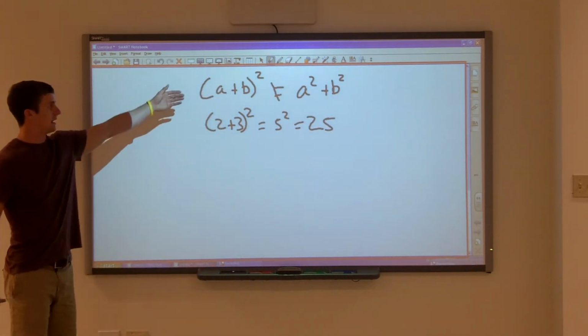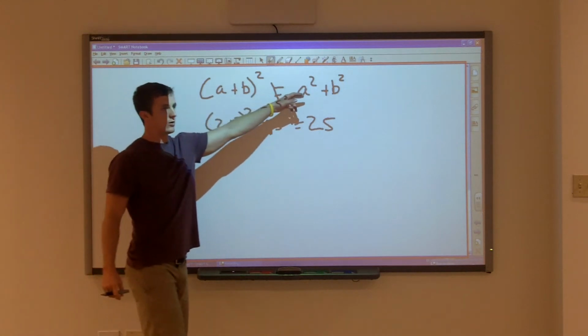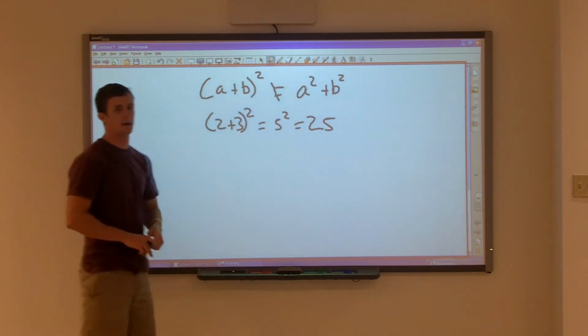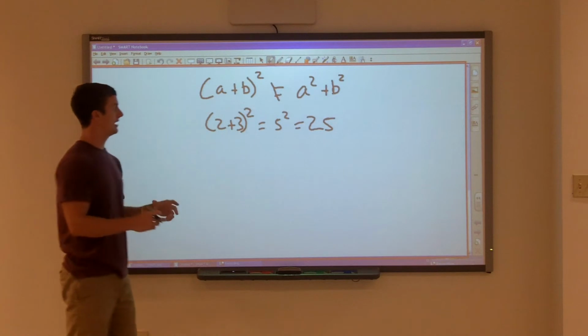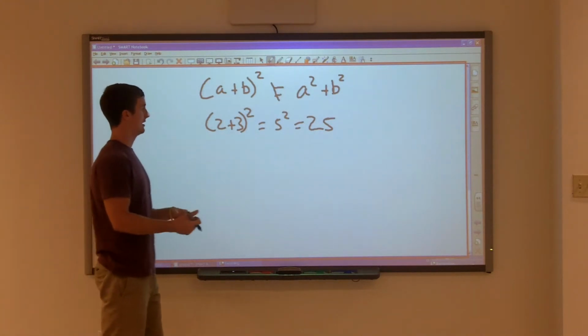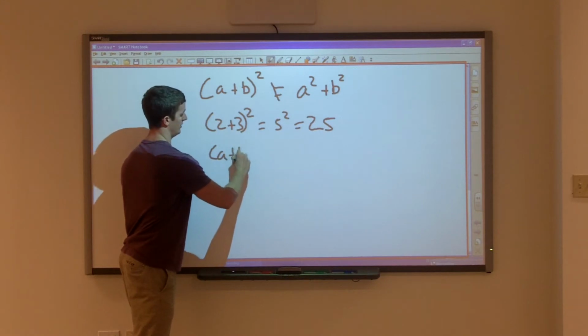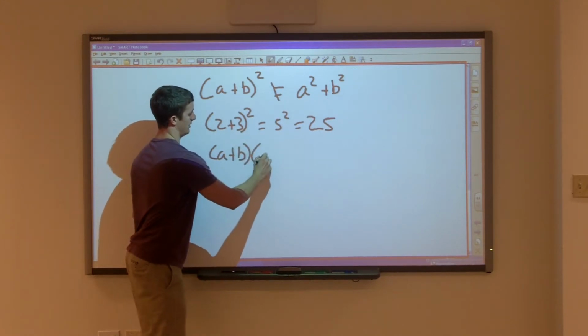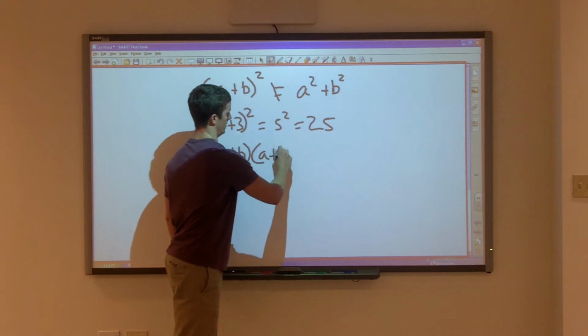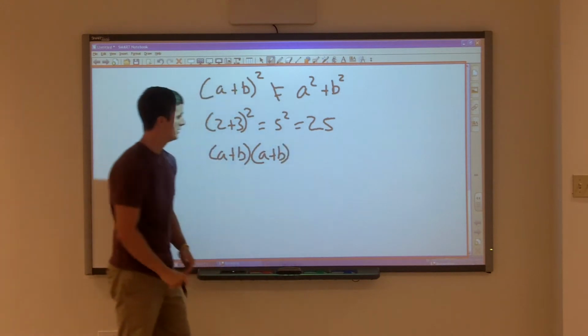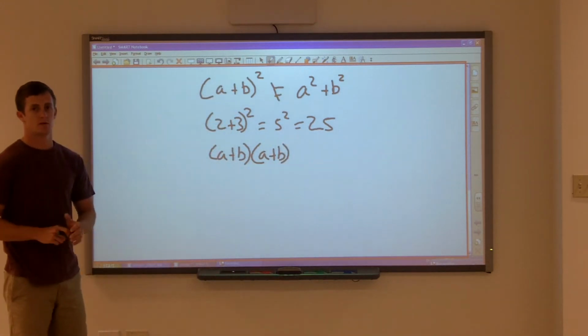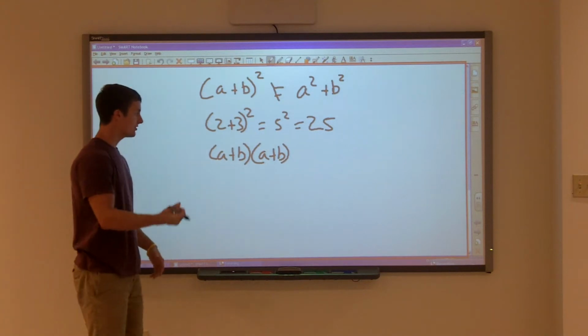So, let's break this down. If we have it written as this and we know it's not correct, we can break apart the square. Anytime you have a number squared, it's just that number multiplied by that number again. So we end up with a plus b times a plus b. So again, we're going to solve this by FOILing.